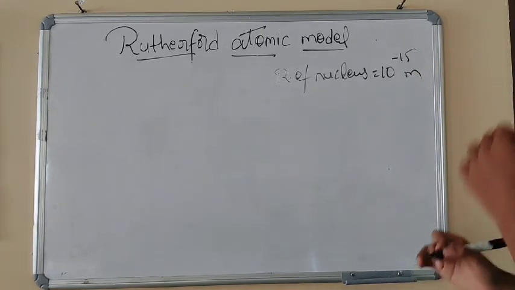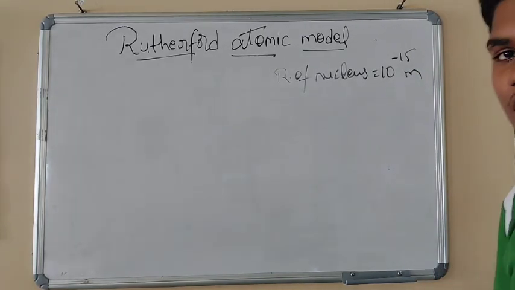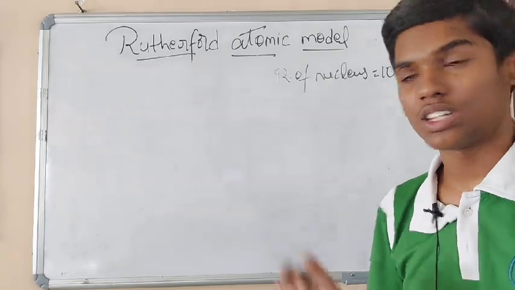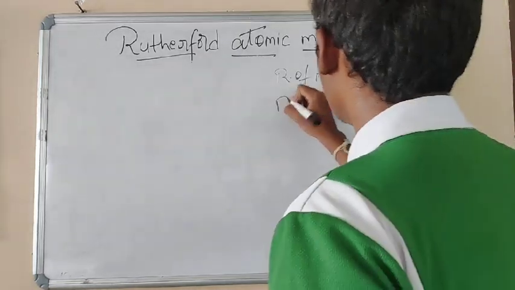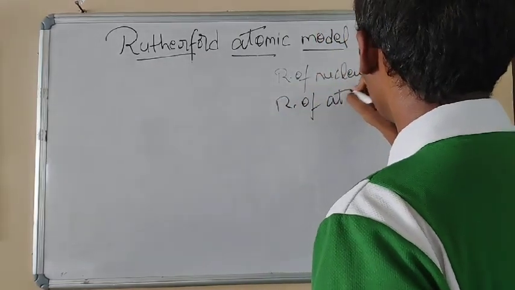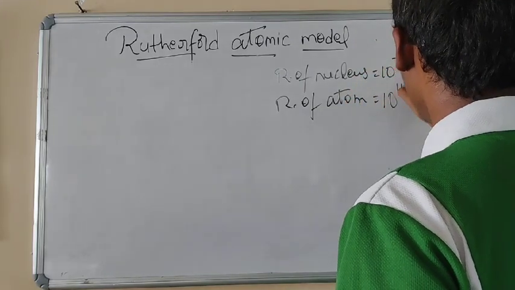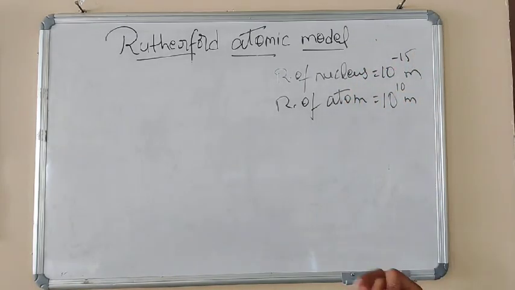Radius of nucleus is 10 power minus 15 meters. In the J.J. Thomson atomic model, we discussed that the radius of atom is 10 power minus 10 meters.